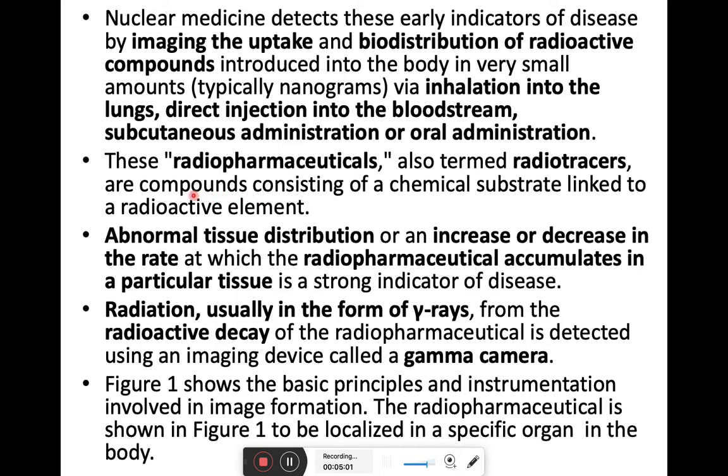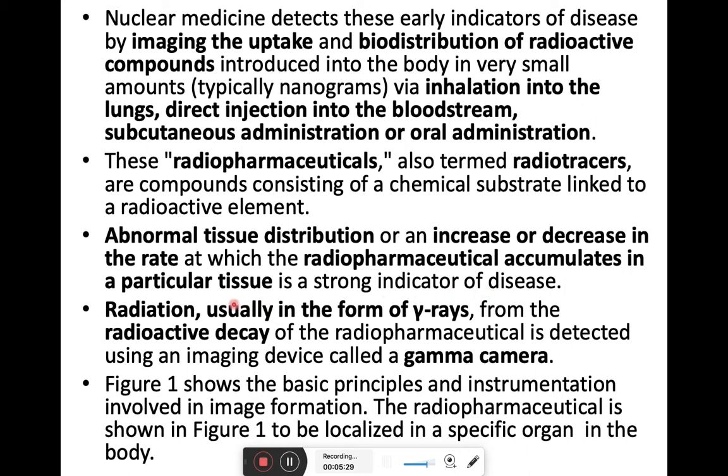It actually consists of a chemical substrate linked to a radioactive element. So any abnormal tissue distribution, or an increase or decrease in the rate at which the radiopharmaceutical accumulates in a particular tissue, can be a strong indicator of the disease.